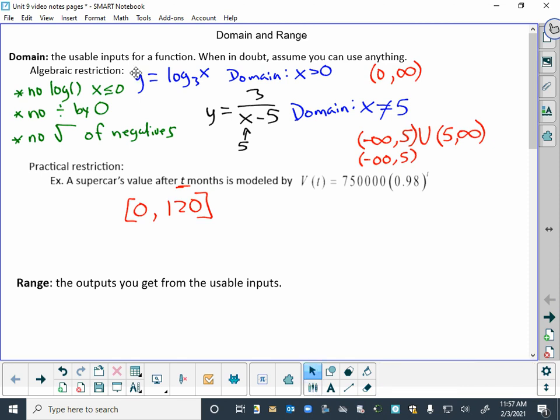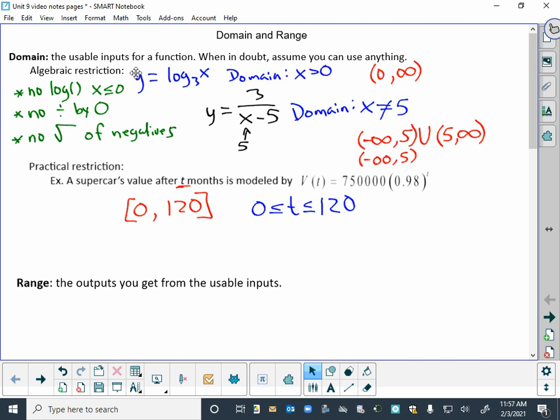Okay? As an inequality, that would look like 0 less than or equal to t less than or equal to 120. Okay? Because after 10 years, either this thing is falling apart now because it's been driven hard, or it's starting to cross over that line into being a classic.